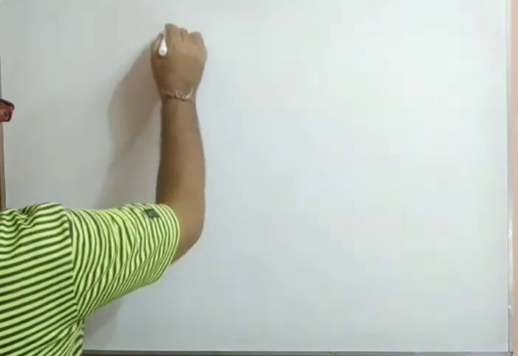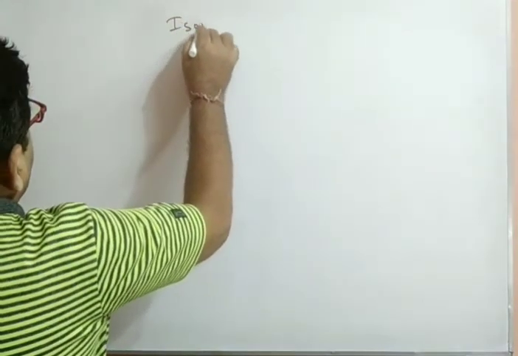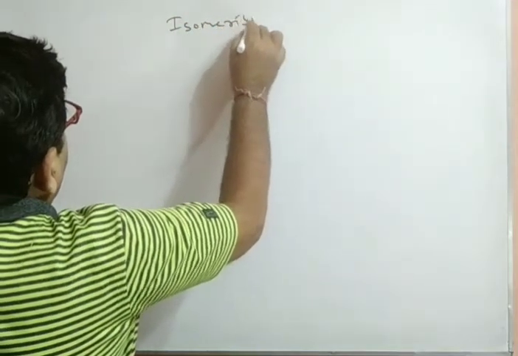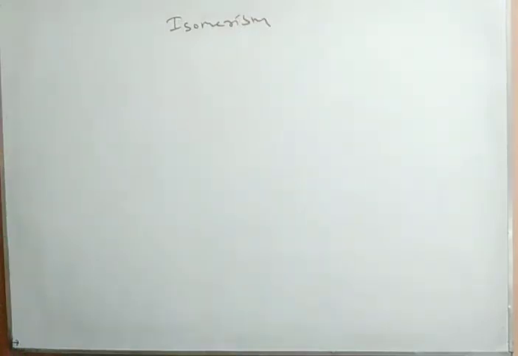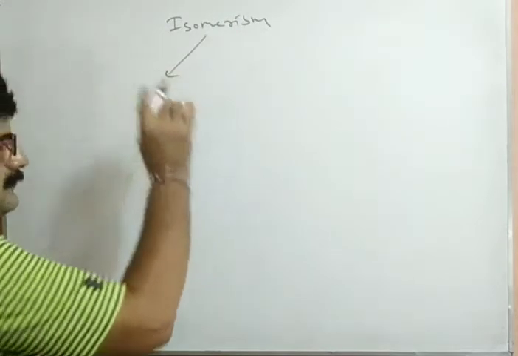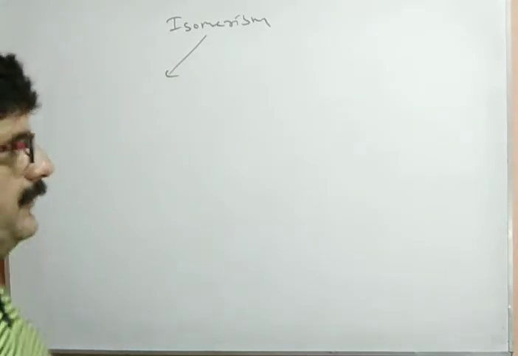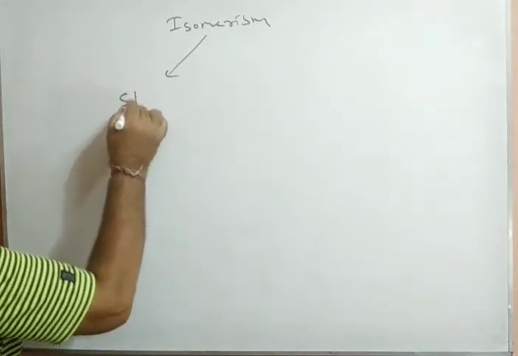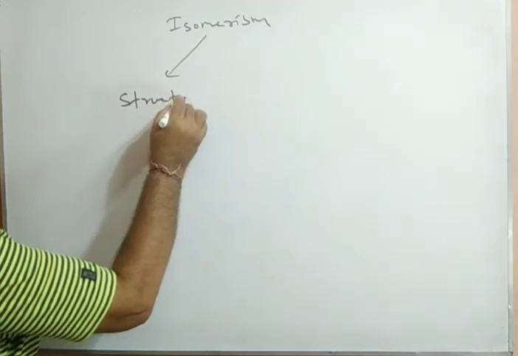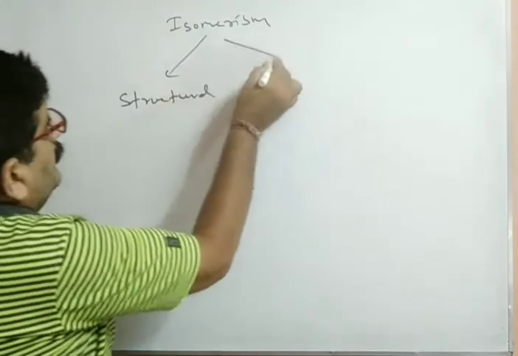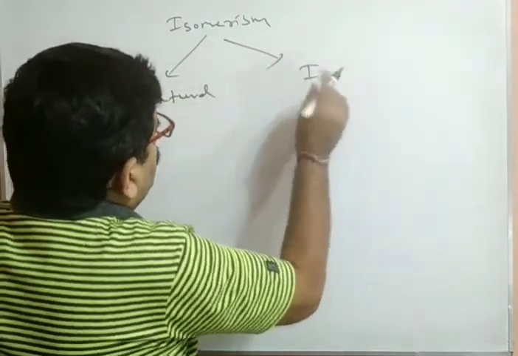Our next important topic in this lesson is isomerism. Two patterns of isomerism are possible. First is called structural and second one is stereo.